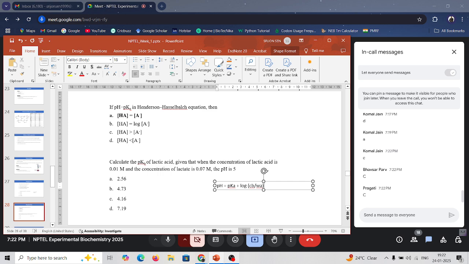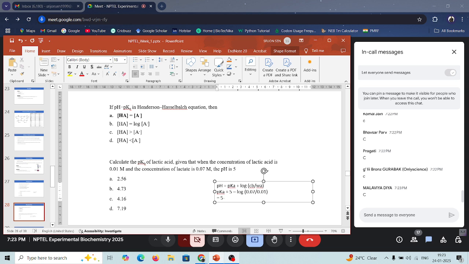We don't know the pKa. So pKa is equal to 5 minus log of the ratio, and what is the value?